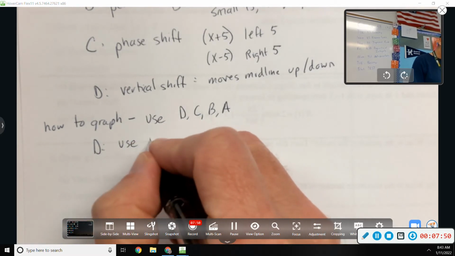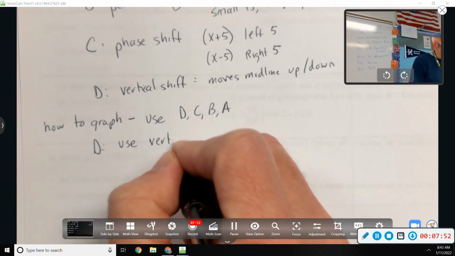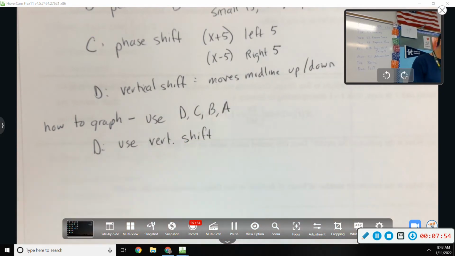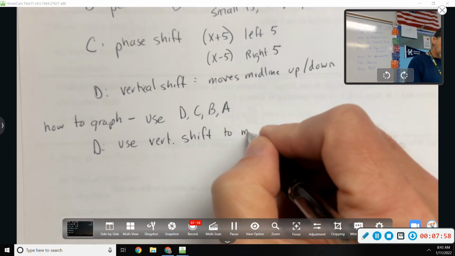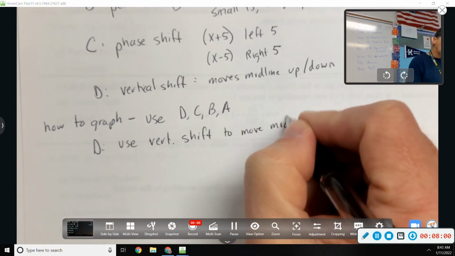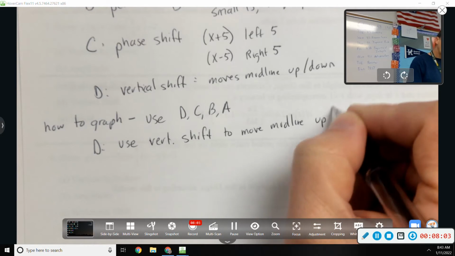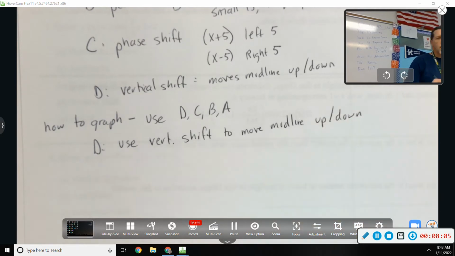So D, you would use the vertical shift to move the midline up or down. So do that first.